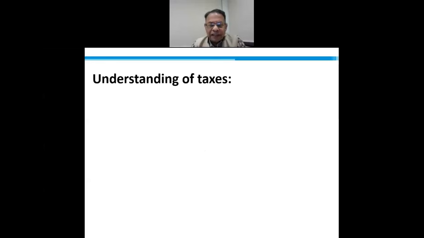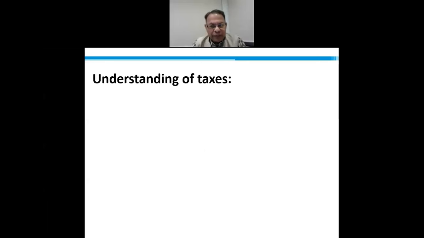Whereas the scheme is not equivalent to any kind of incentive. It is actually a refund of taxes which are not otherwise refunded to you. So in the system, if certain taxes are already refunded, they will not be taken into account for calculation of RoDTEP. The taxes which are not otherwise refunded will be taken into account for the purpose of RoDTEP.